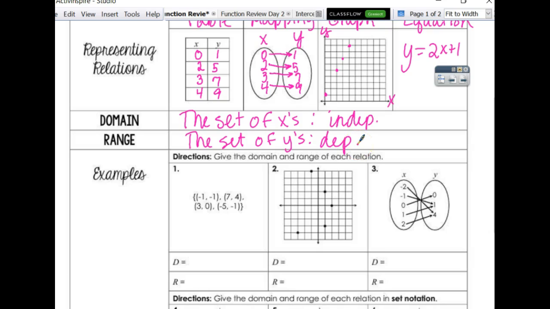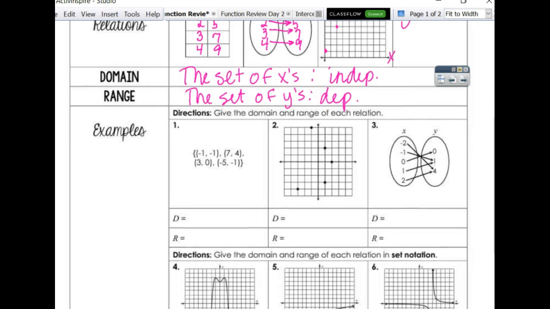So the domain is going to be the set of x's, and the range is going to be the set of y's. The domain is always the independent, and the range is always the dependent. So again, when I list ordered pairs, I'm not connecting the dots. This is discrete.